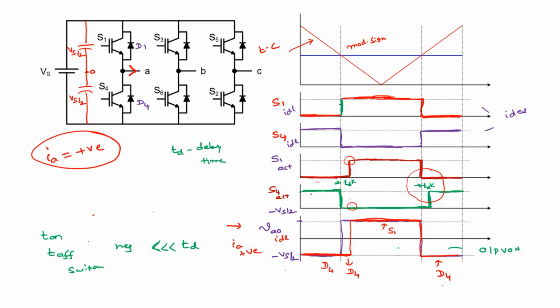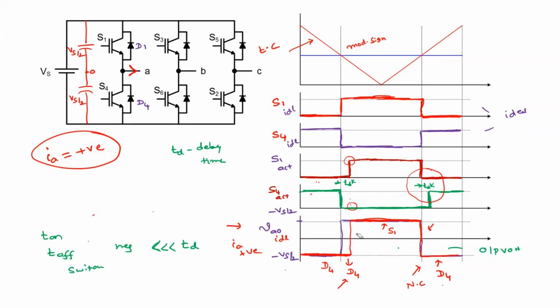Is it clear? So here this is as it is, there is no change here. But here it is supposed to start here, but it is starting here. So how much voltage is lost here?